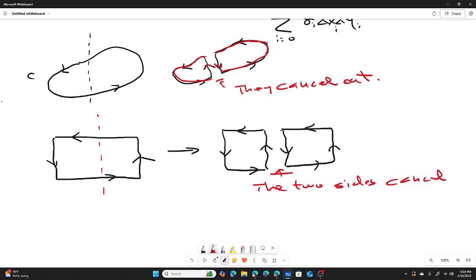So the circulation cancels in this part, this side, and that side. So the only thing that contributes to the circulation is this part, the outer part. So this would be the intuition for Green's theorem.